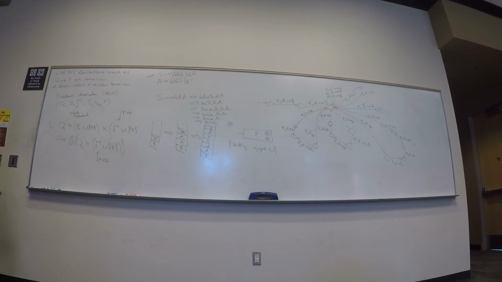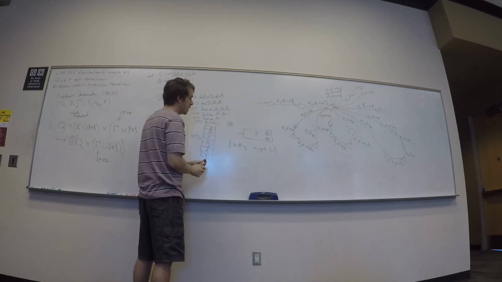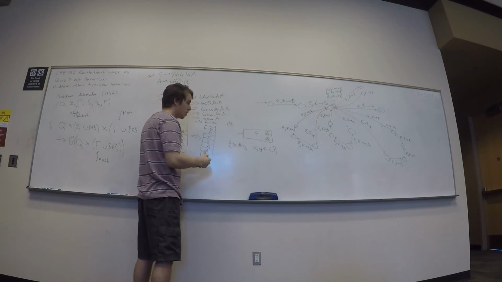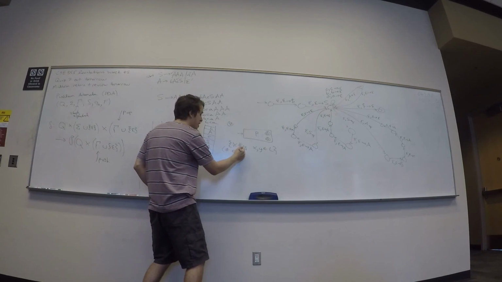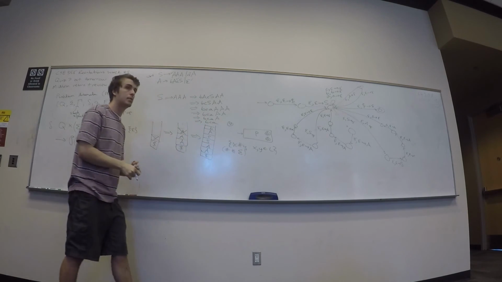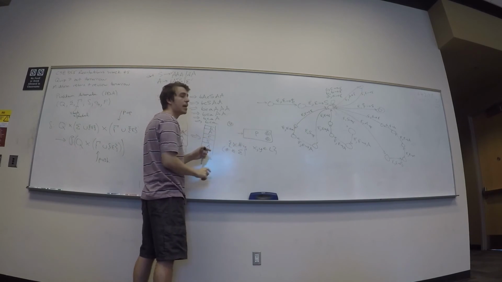So I'm given this PDA P as a black box. I want to know, can I make a PDA for this? And the pound sign is not in the input alphabet. So can I make a PDA for this guy?